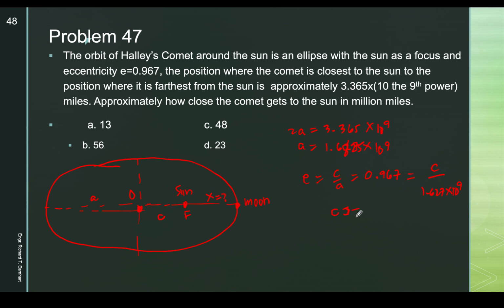And your c therefore here is equal to 1.627 times 10 to the 9. Okay, and how do you get x? So x must be a minus c. This is a, so minus c will give you x, and a is 1.6825 times 10 to the 9 minus 1.627 times 10 to the 9.